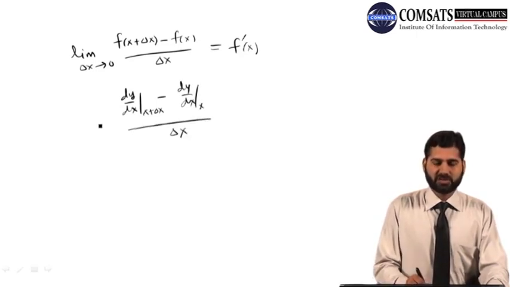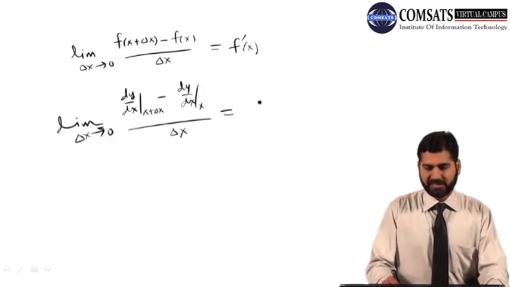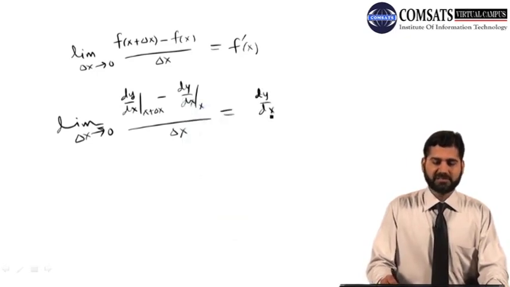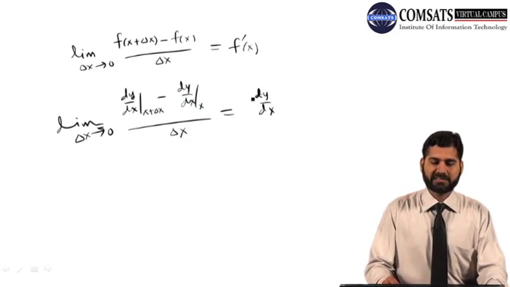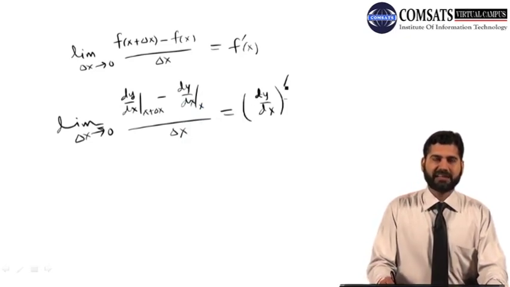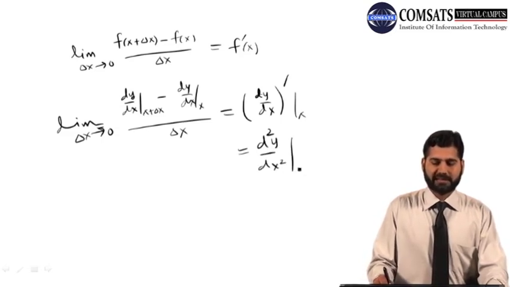We had this thing, and we took the limit as delta x goes to 0. This is our function dy by dx, and we took the derivative of that at x, right? So this gives you the second derivative, d squared y by dx squared, at x.